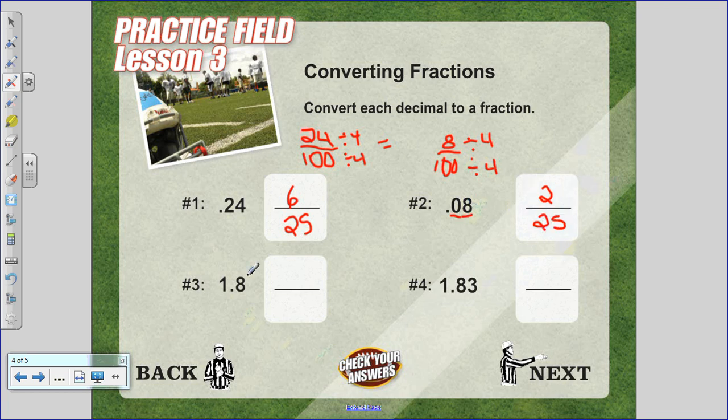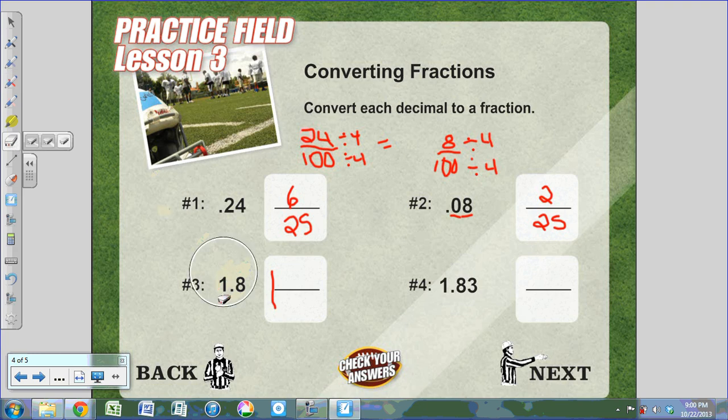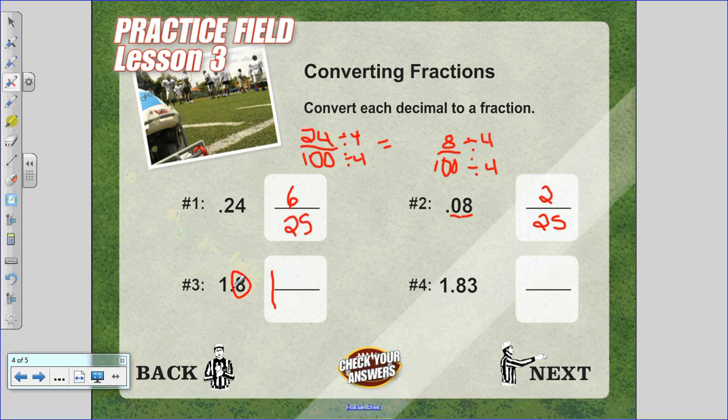Now, if I have a whole number in front, I'm actually just going to write my whole number down in front of my fraction bar, and then I just want to look at just my decimal number, which in this case is 0.8.